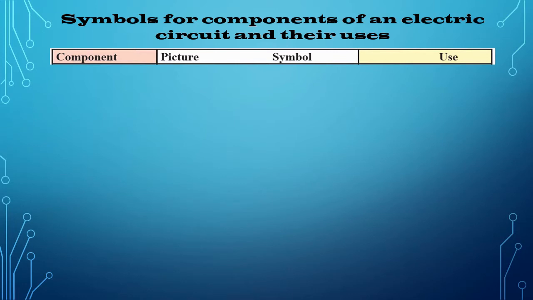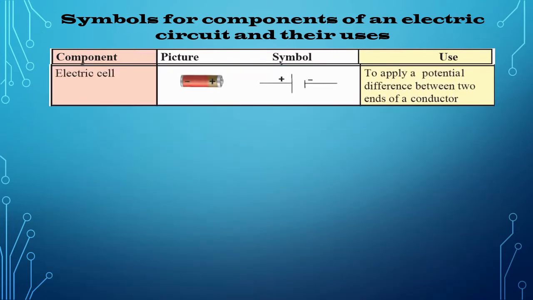An electric cell is represented by a long and a short parallel line, where the long line is representative of the positive terminal of the cell and the short line represents the negative terminal of the cell. An electric cell is used to apply a potential difference between two ends of a conductor.